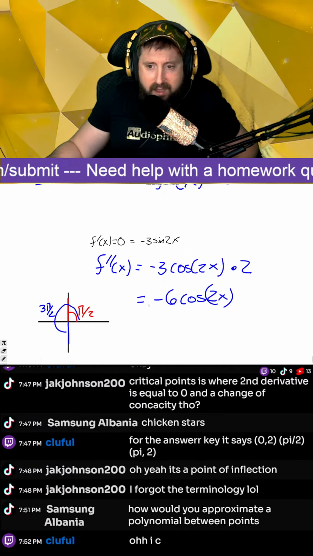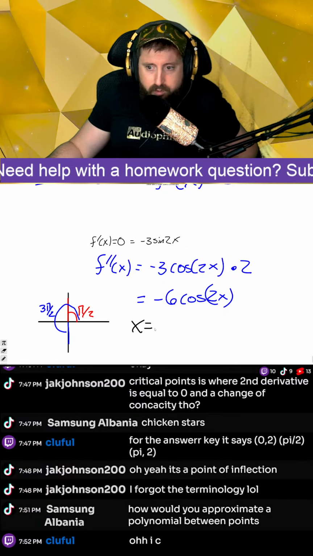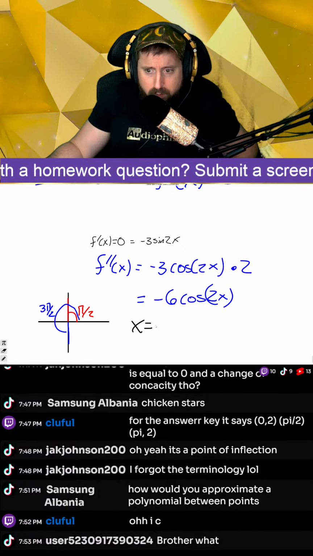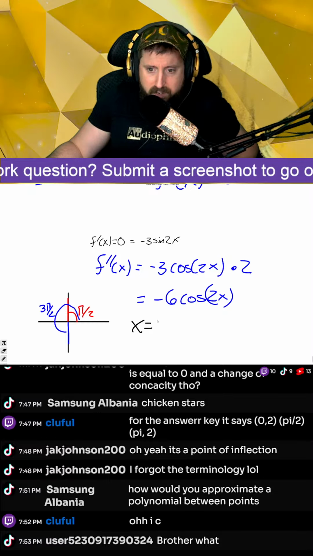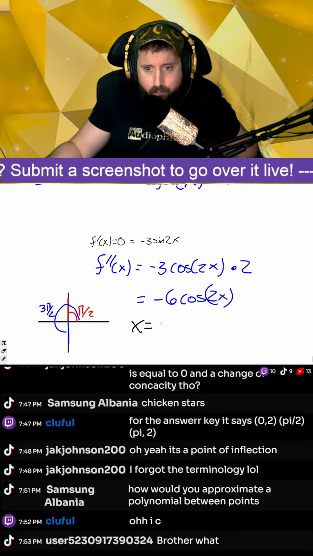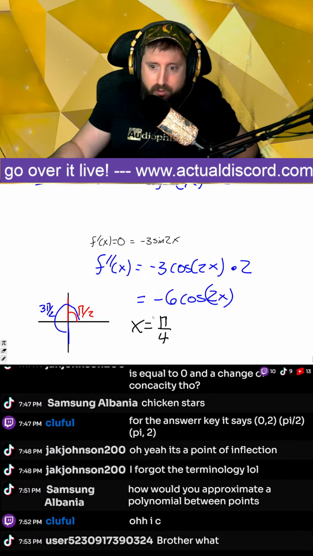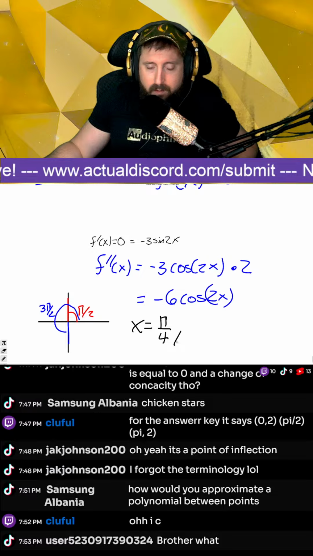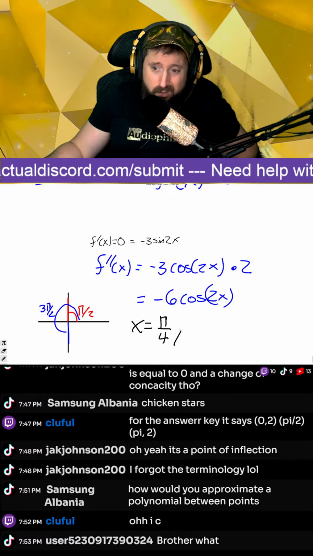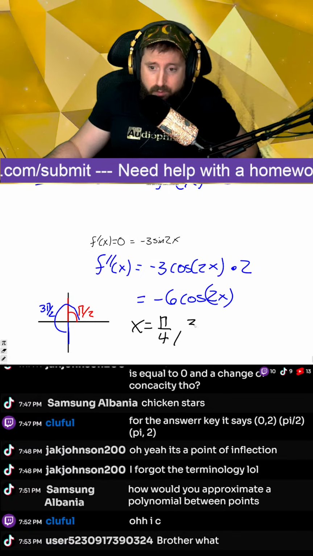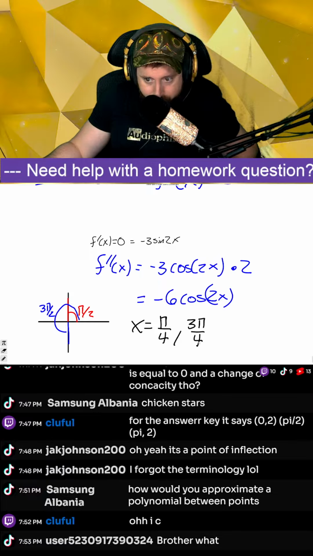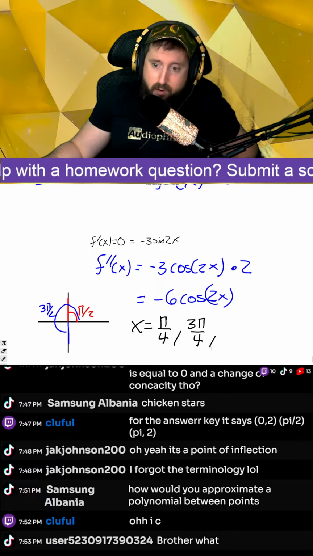So, x could be equal to pi over 4, right? Because if I plug pi over 4 into there, 2 times pi over 4 gets me pi over 2. So it could equal pi over 4. It could equal also 3 pi over 4. And that's it. Because you can't go higher than that, right?